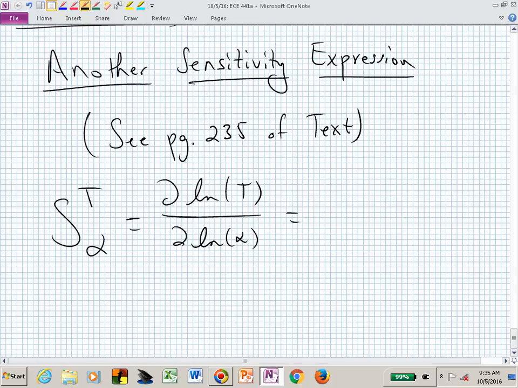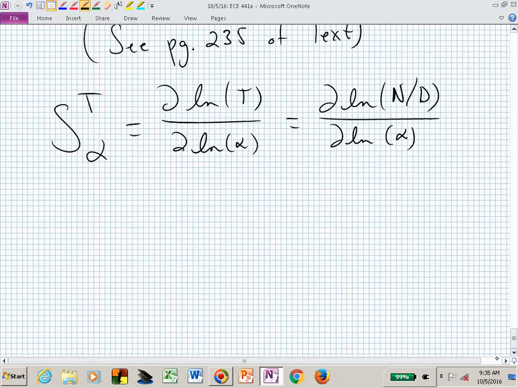But t is usually a ratio of polynomials, isn't it? T is our transfer function. So let's say we have a numerator over a denominator. And what happens when we take the natural log of a quotient? If we had a product and we took the natural log, why do we take logarithms in the first place?